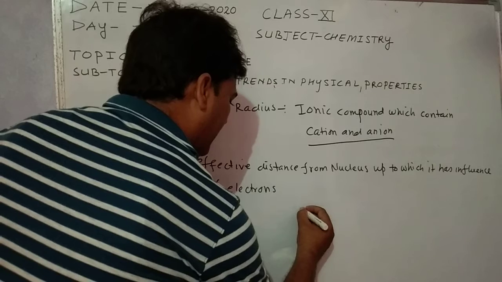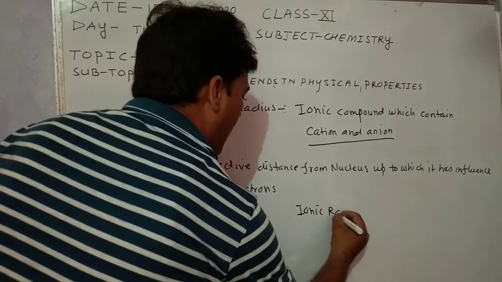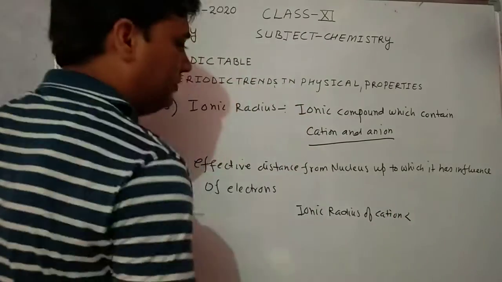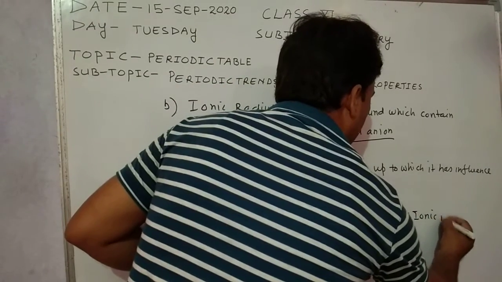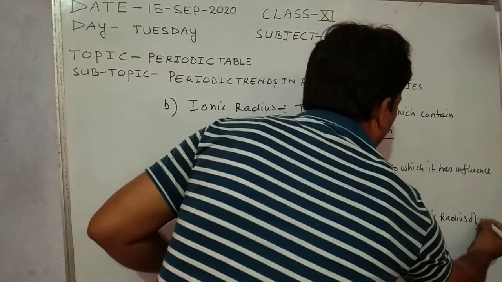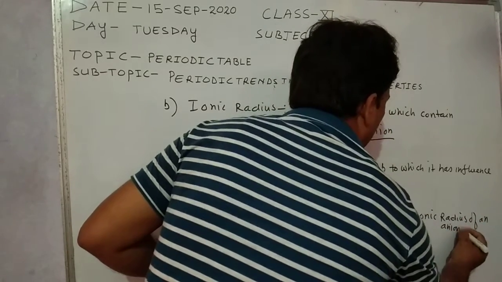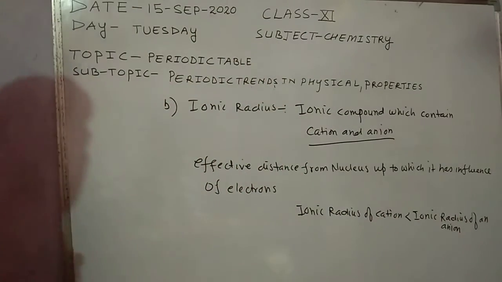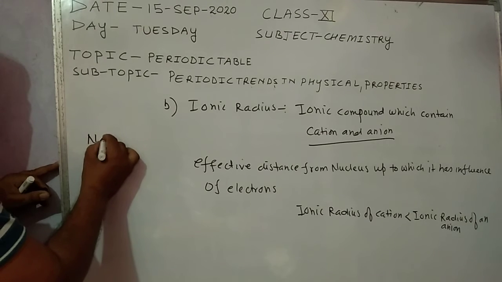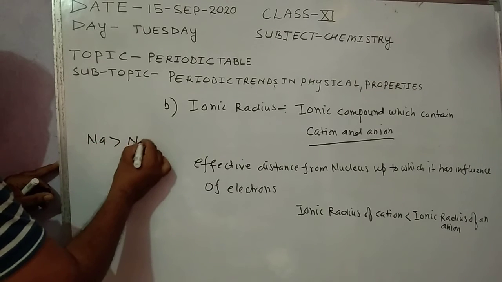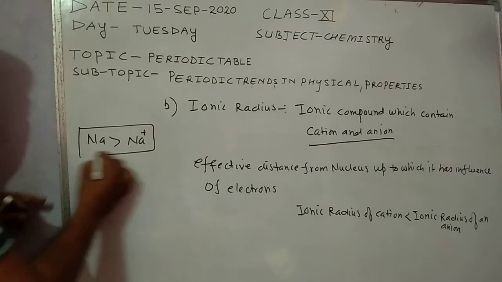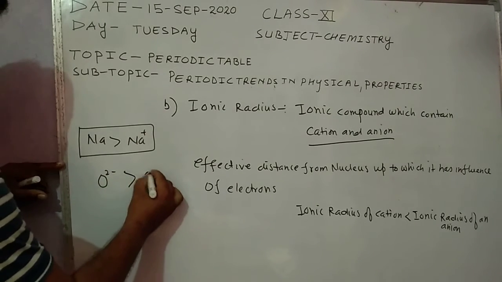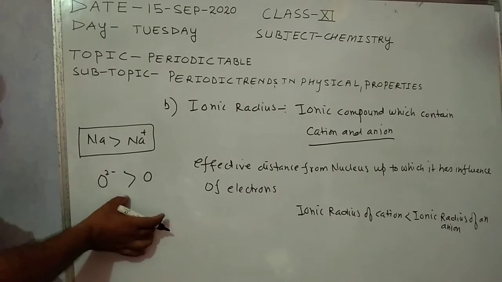The ionic radius of a cation is smaller than the ionic radius of an anion. So the radius of a cation is smaller than the radius of an anion, and the radius of a neutral atom is greater than the radius of its cation, whereas the radius of an anion is greater than the radius of its parent atom.